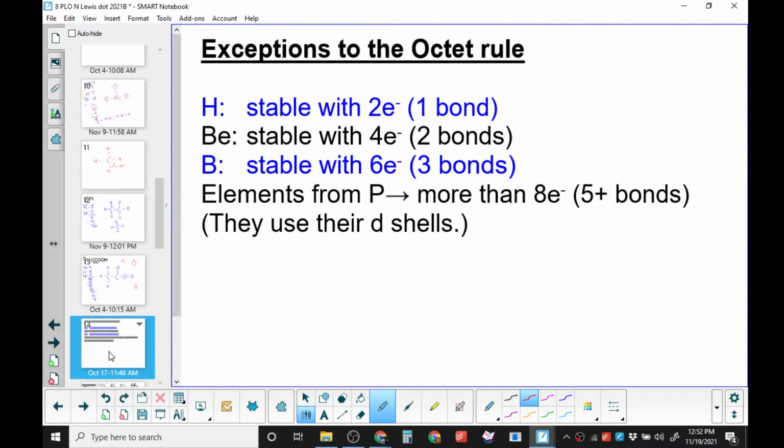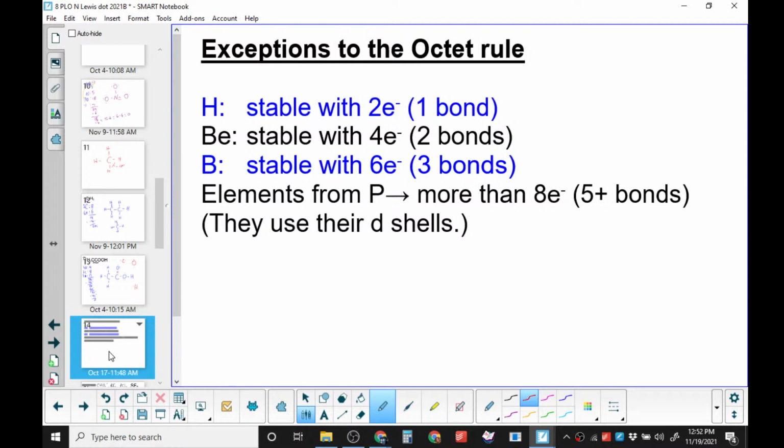Which orbital is it in? Which P? 3. 1s2, 2s2, 2p6, 3s2, 3p. Because it has 3p, although they're not filled, it has access to the 3d. It's in the same energy level.